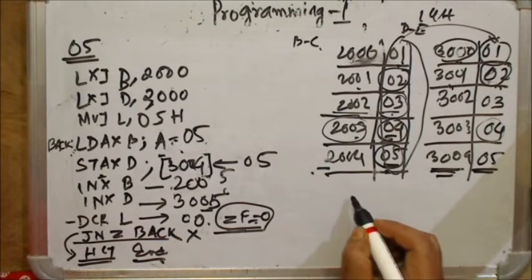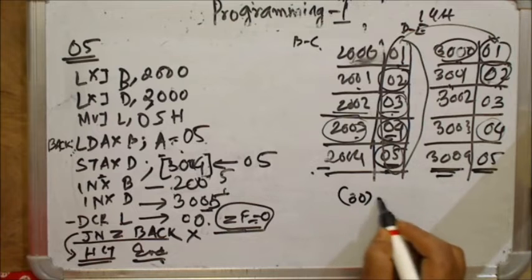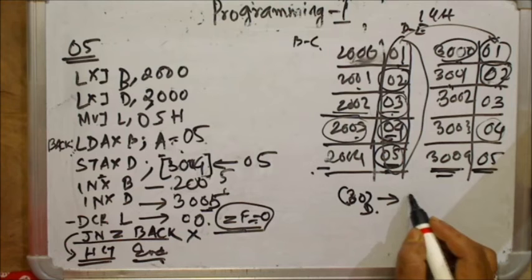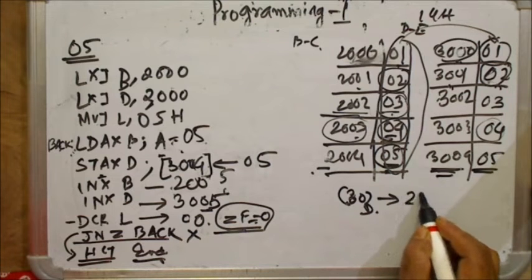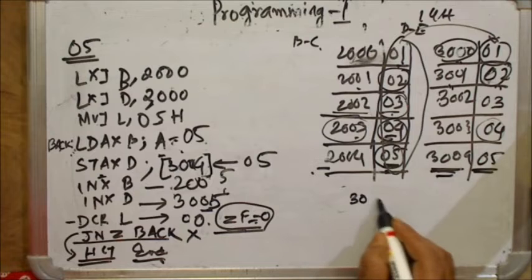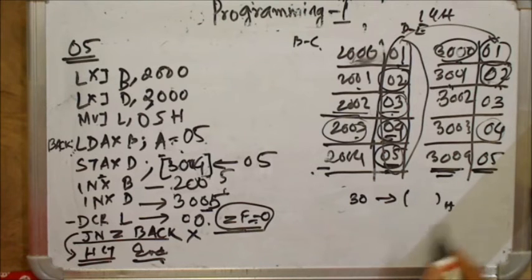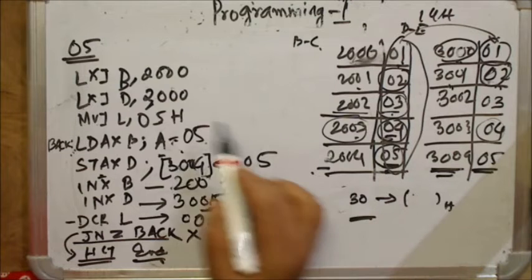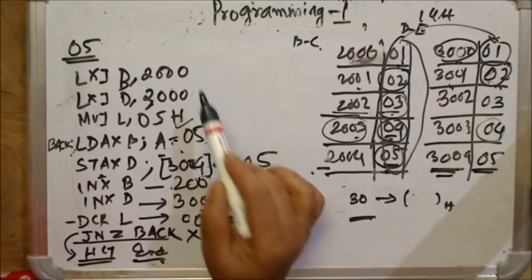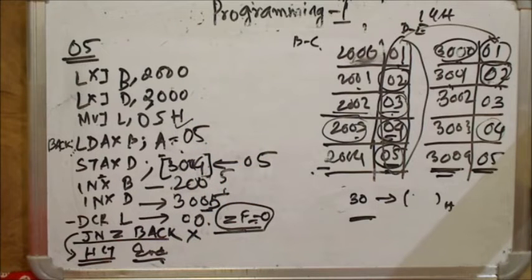Just check, put the hexadecimal form. What if I tell you to transfer 30 bytes? Okay, convert it into hexadecimal form and put it over here in the count. If I change the destination and the source address, just change the source and the destination address. Okay, fine, clear? So I hope this is clear.